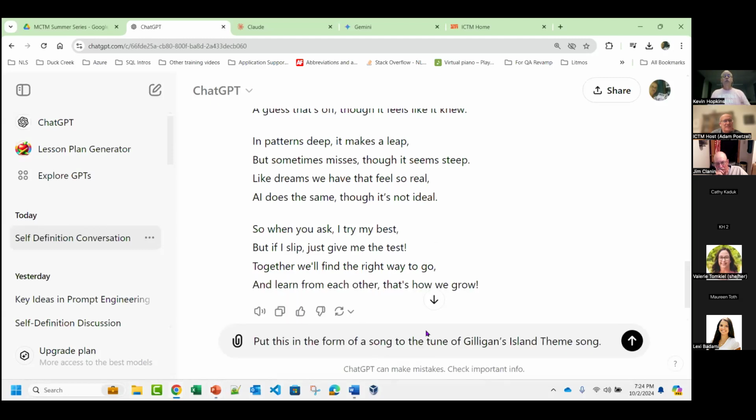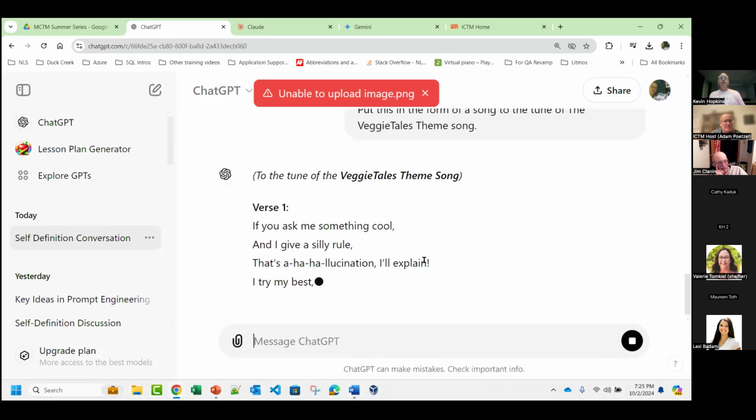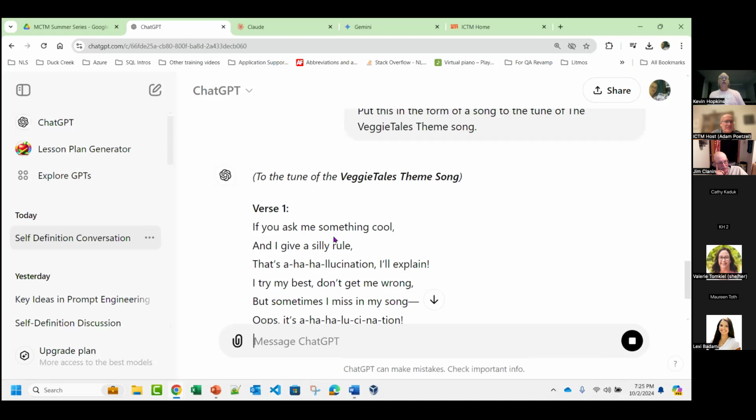Another sort of unusual thing it will do is we'll put this in the form of a song to the tune of, and I'm going to switch this up to the VeggieTales theme song. And we'll see if I can remember it and make it fit that. So let's see.